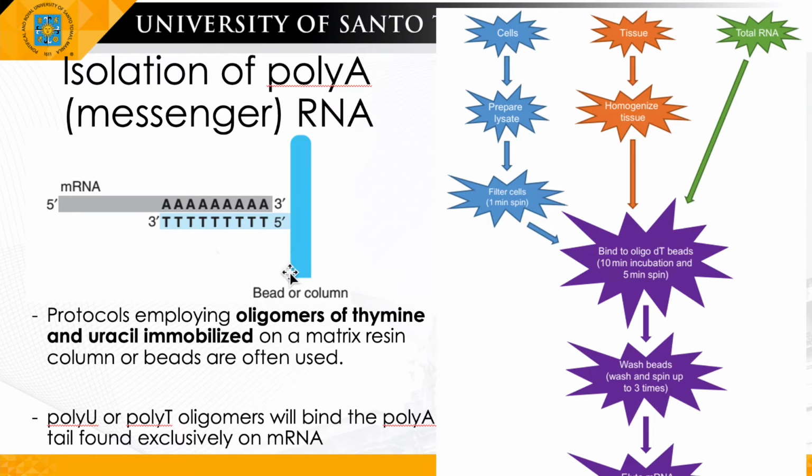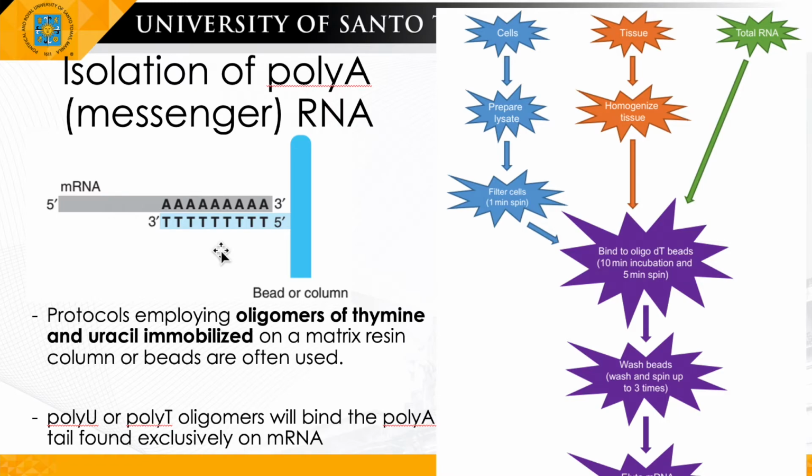So, this is an example of the bead or column with multiple oligomers of thymine. Sometimes it's uracil, and this is the matrix resin column, no? And this is the mRNA. So, the thymine tail or the polyuracil tail will bind the polyadenosine tail found exclusively on the mRNA.